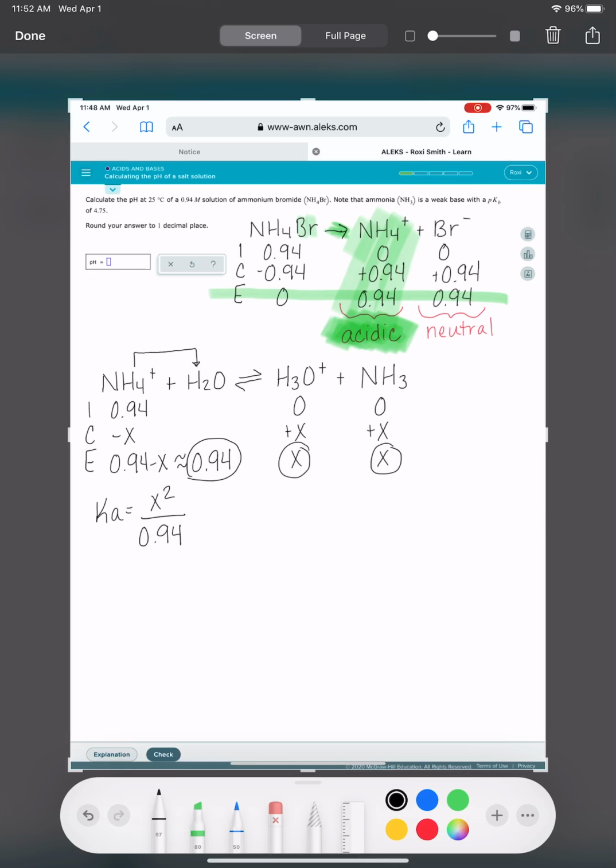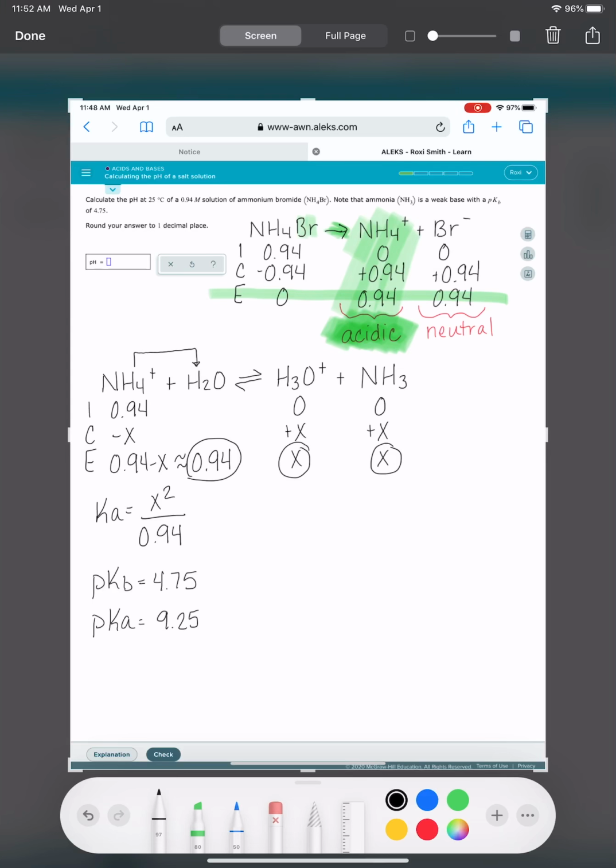And now we need to solve for X. The problem gave us the pKb, which we cannot use directly in this equilibrium expression. The pKb is 4.75. We can use that to figure out the pKa. pKa plus pKb is 14. So our pKa is 9.25.